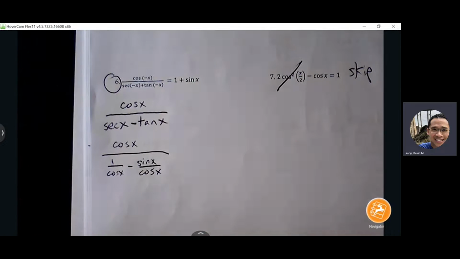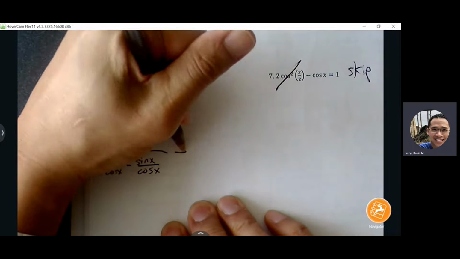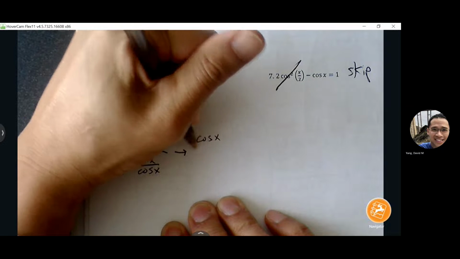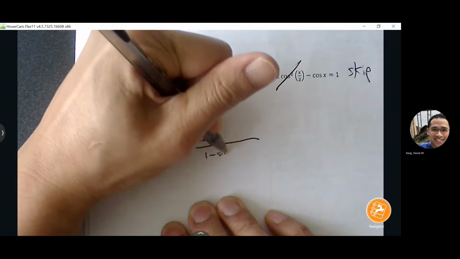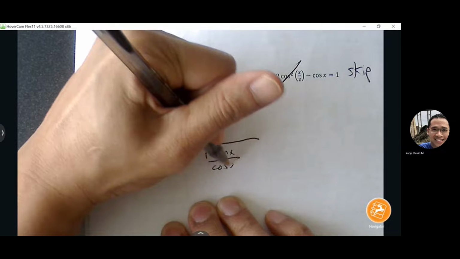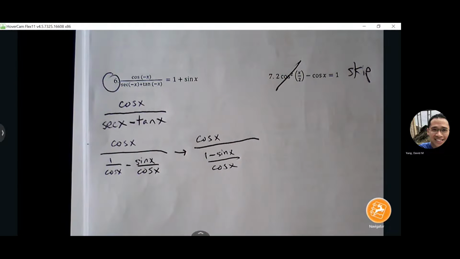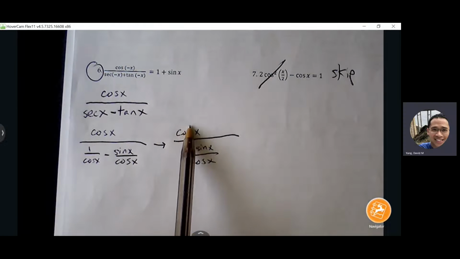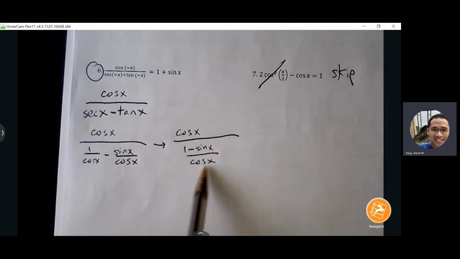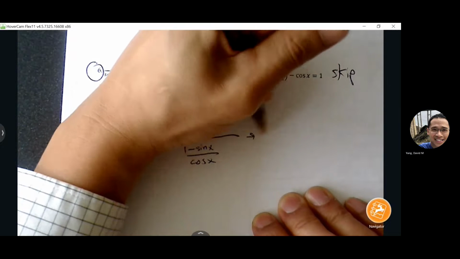I already have a common denominator in that fraction. Okay, numerator divided by my denominator, same thing as multiplying by the denominator's reciprocal.